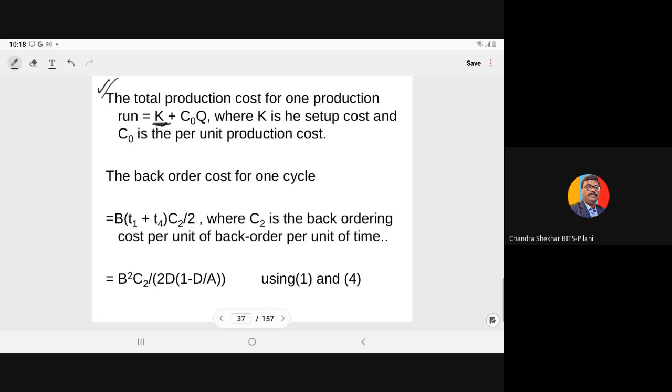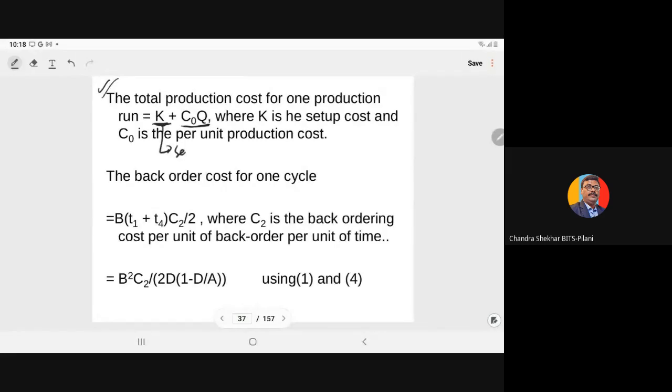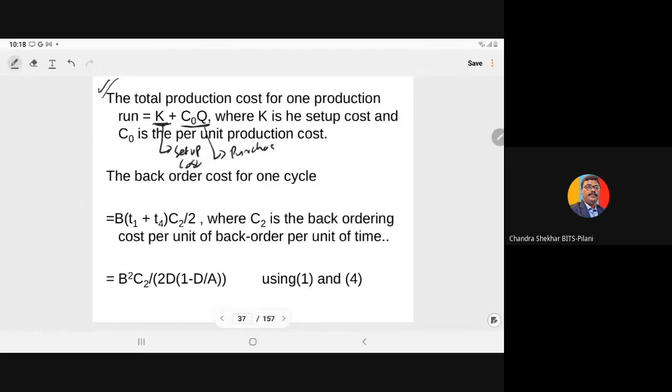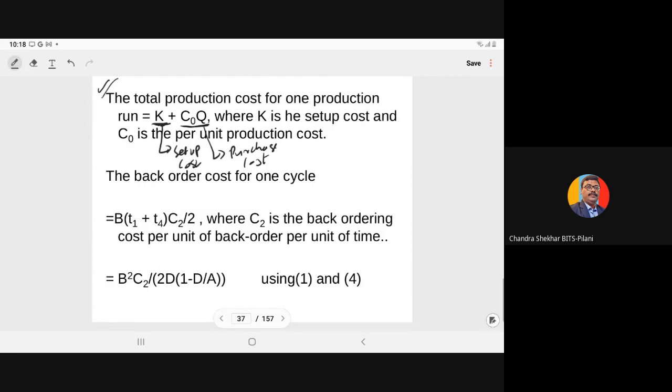So it is the setup cost K plus C0 Q, where C0 Q is the purchase cost. The sum of these two will be the procurement cost.